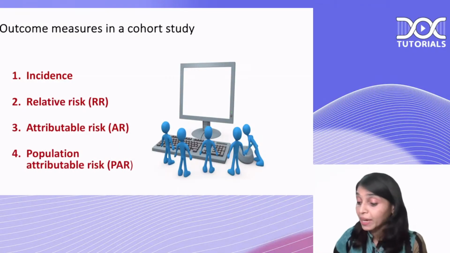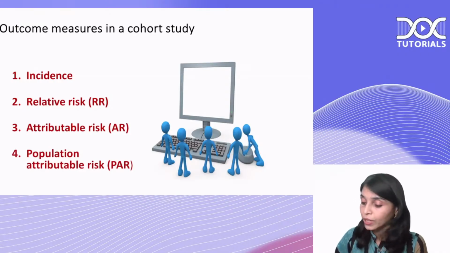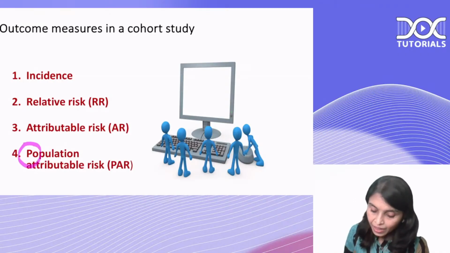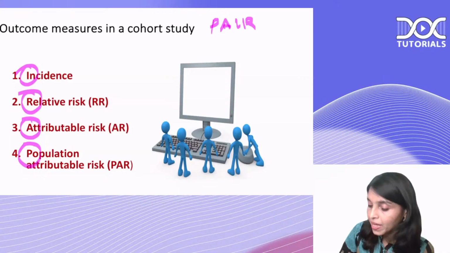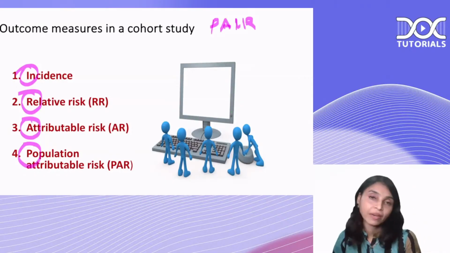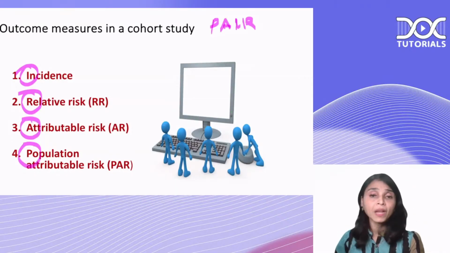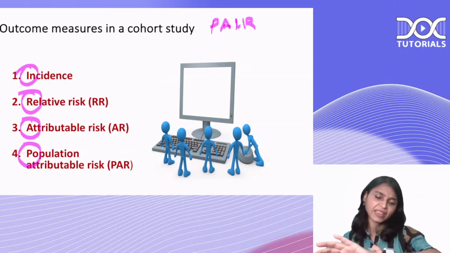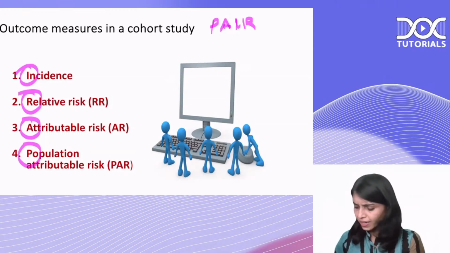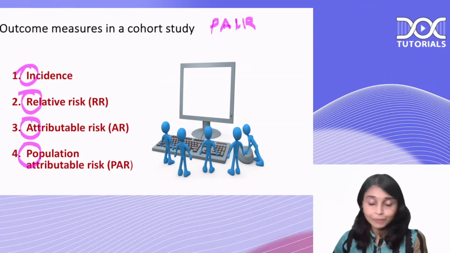And this also you can remember, since there are 4 outcomes, you can use this mnemonic: PAIR. What is it? Pair. Okay. So these are the 4 outcome measures. I think I'm running out of time, but it's okay. Am I clear?